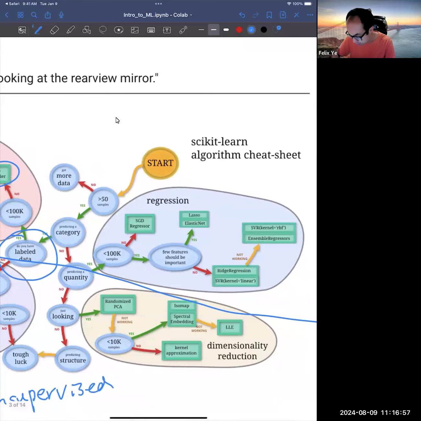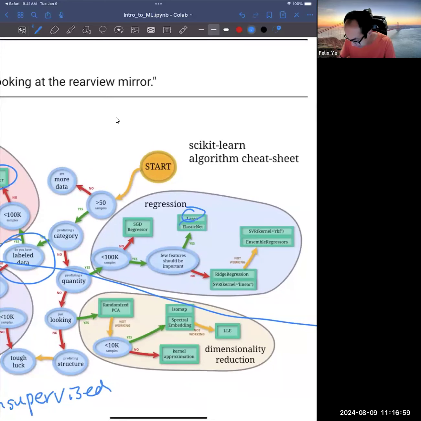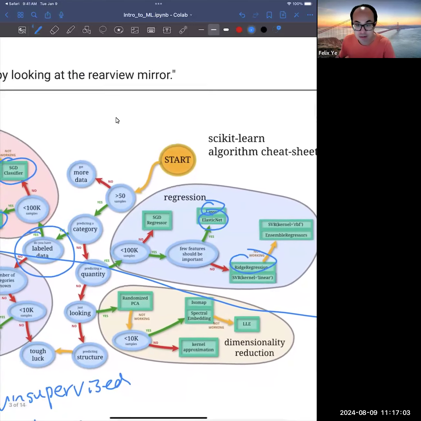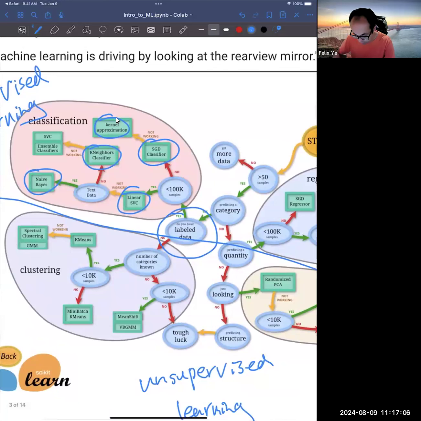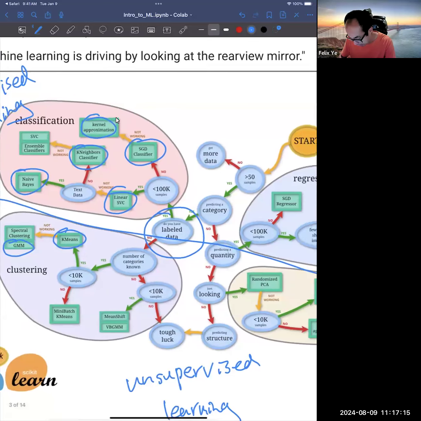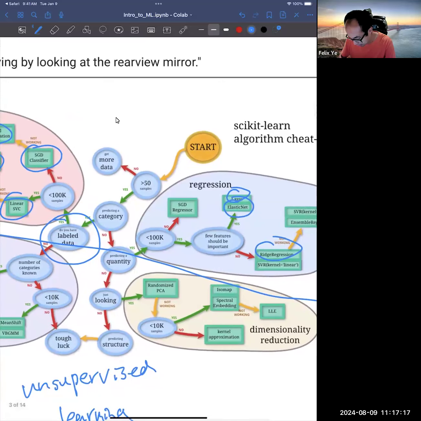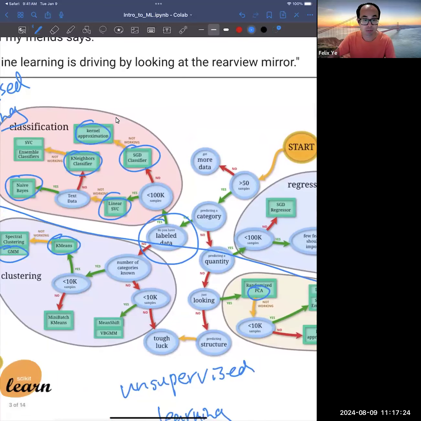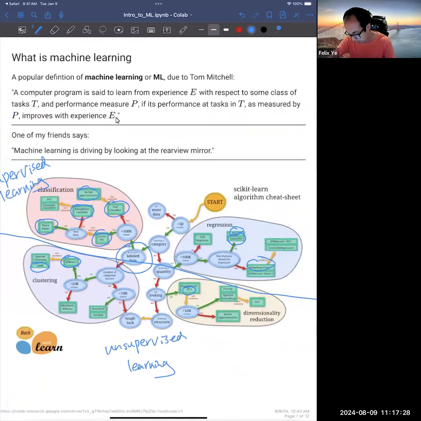We're going to talk about the lasso, elastic net, ridge regressions, and a lot of things. For clustering, we're going to talk about Gaussian mixtures and k-means. For dimension reduction, we're going to talk about PCAs, and also the most important part, the neural networks. So this is also a very big topic.